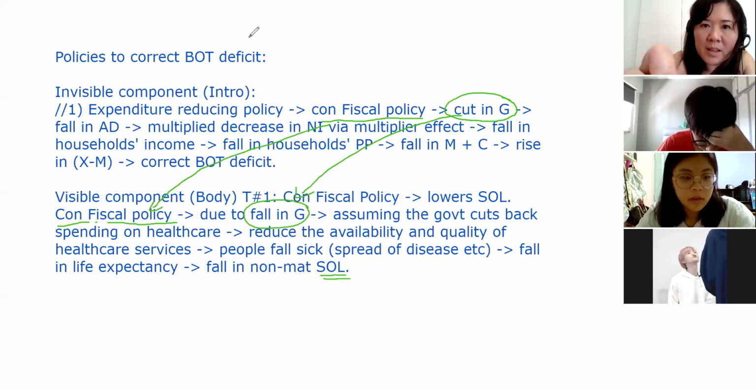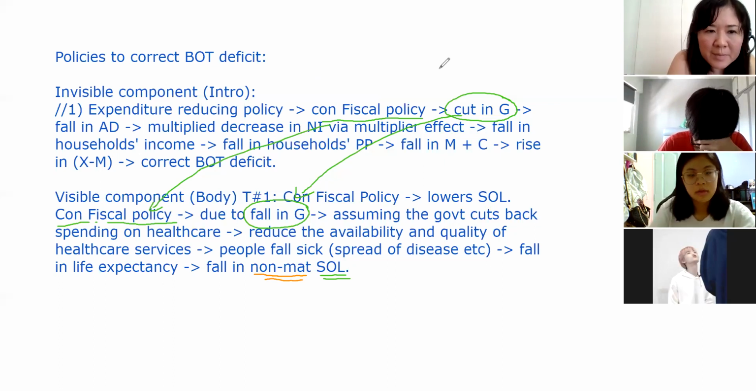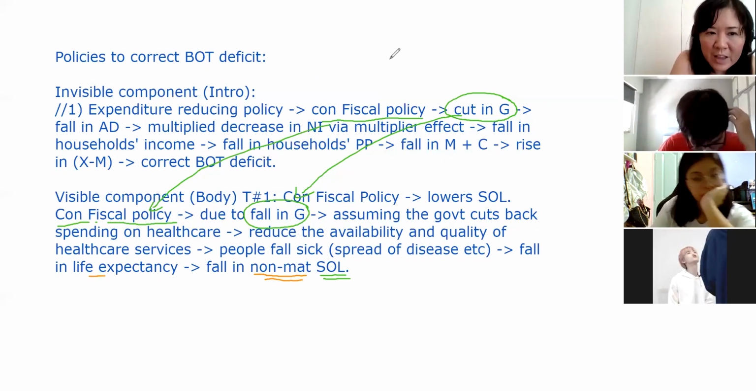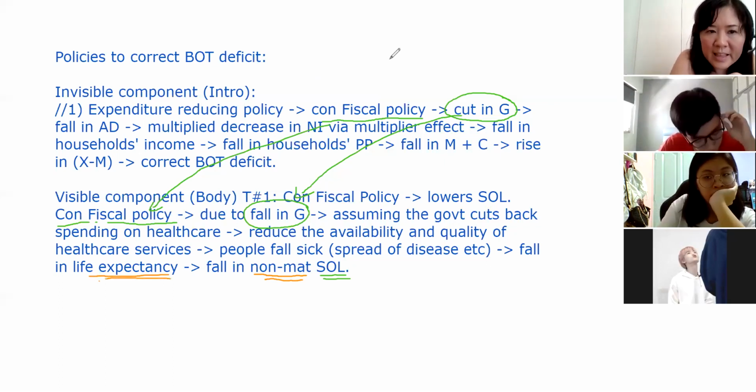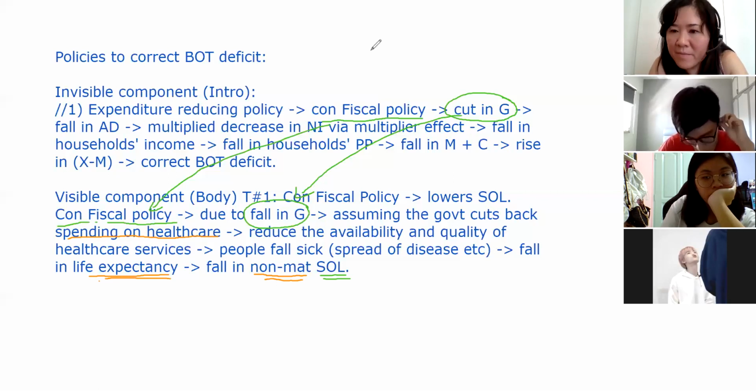Because I put non-material here, I have to tie in something intangible, which is life expectancy, and that gives me the cutting back on spending on healthcare. Clear? You guys okay or not?